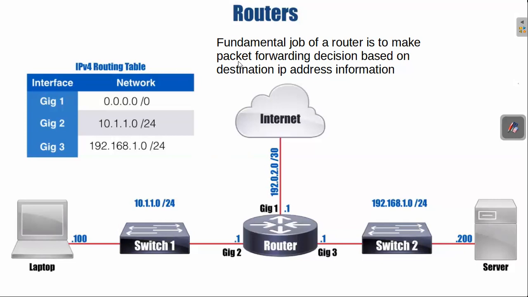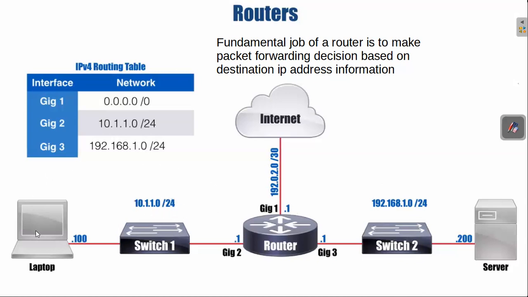The packet is going to be forwarded through this link. This is one local area network, and the other one is another local area network. Both are in different networks. You can see here, this is the 192.168.1.0 network and this is the 10.1.1.0 network.